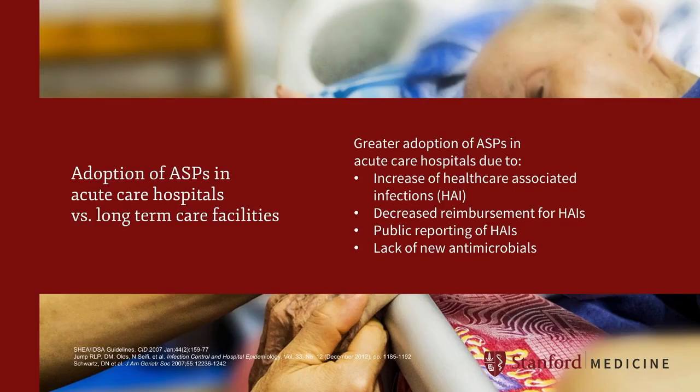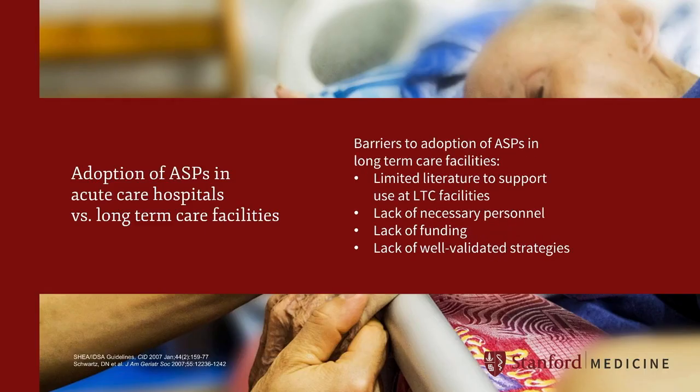Many acute care hospitals have developed antibiotic stewardship programs due to an increasing prevalence of healthcare-associated infections, coupled with decreased reimbursement for healthcare-associated infections and public reporting of these infections. They also recognize a lack of new antimicrobials that are in development, so having an antibiotic stewardship program is fiscally responsible. But there is limited literature to support antimicrobial use optimization in long-term care facilities.